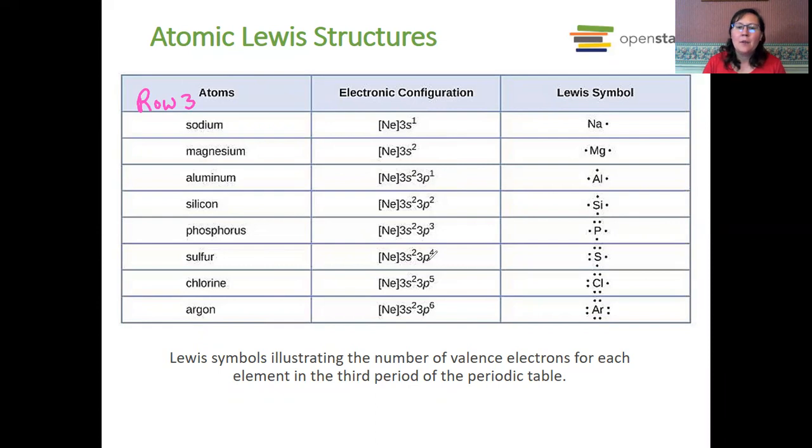Okay, so here you have 1 electron on sodium and 2 electrons on magnesium and 1, 2, 3 electrons on aluminum. And then I'm going to draw a little line right across like that. Why did I draw that line? Because these are all metals.